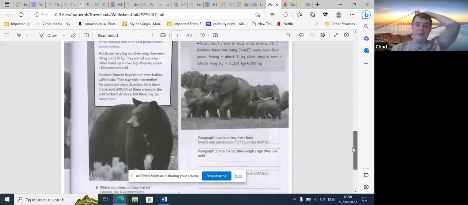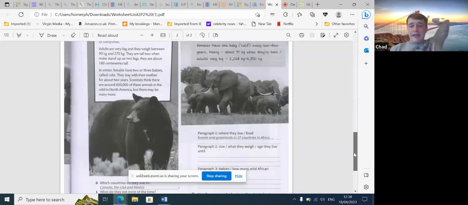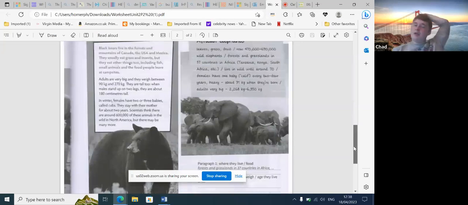The African elephants. Okay, second paragraph. So we were getting somewhere now. So Min, second paragraph. We answered this one earlier, so put it into coherent sentences: size, what they weigh, and the age they live until. Put it into your own words.